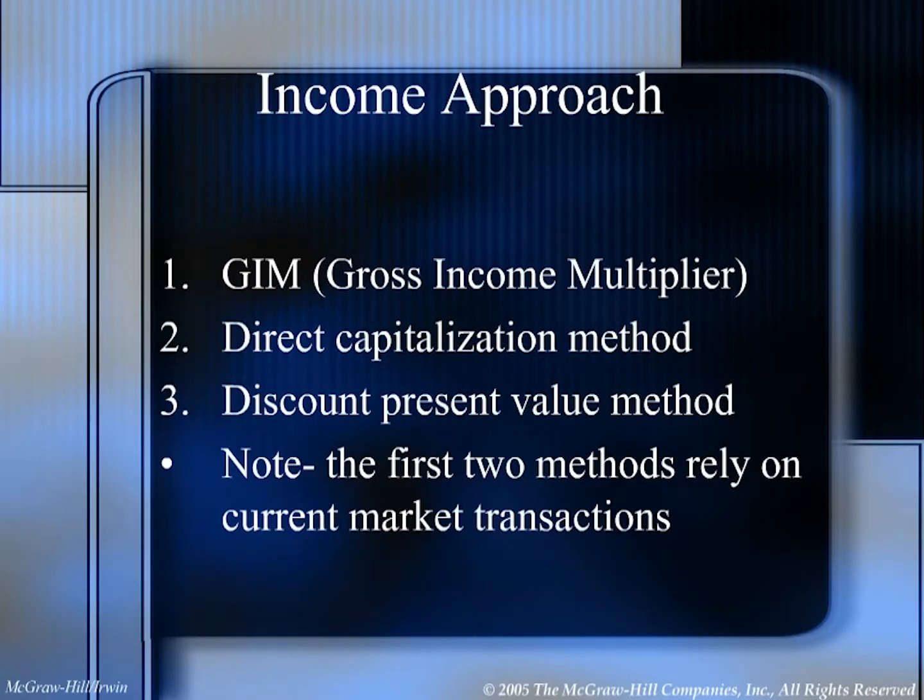So there are three approaches for appraisals. There's the sales comparison approach, the income capitalization approach, and then there's also the cost approach. Our major focus is going to be on the income approach, which you see here in this slide. The sales comparison approach is very similar to what we would have looked at with the residential.